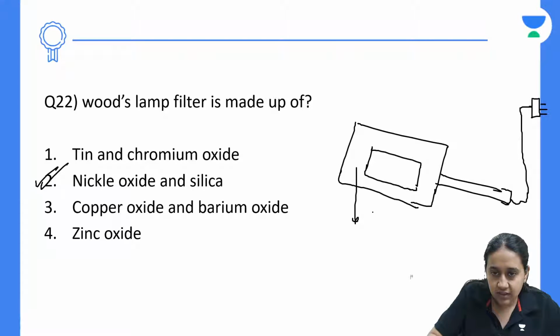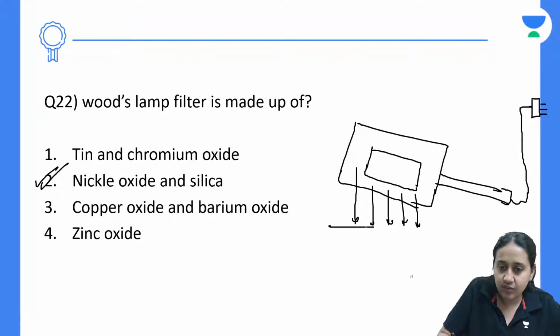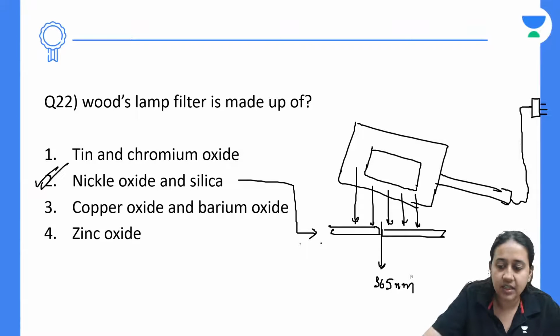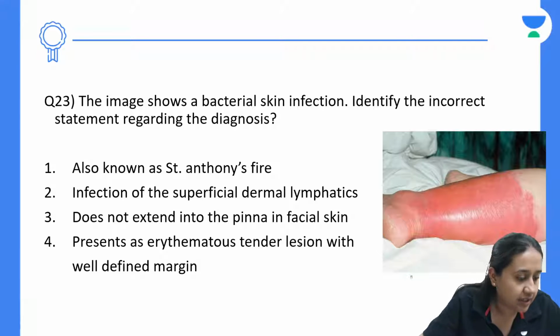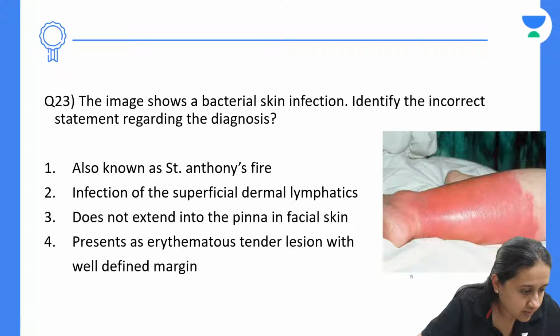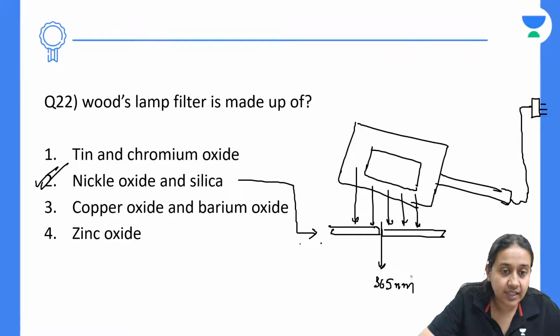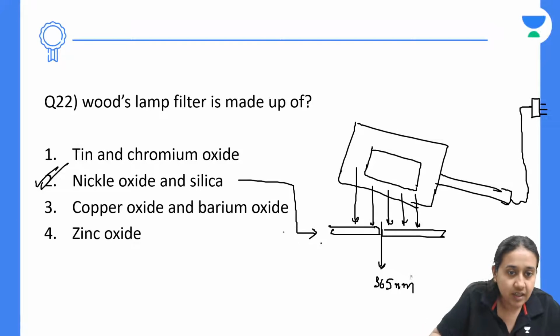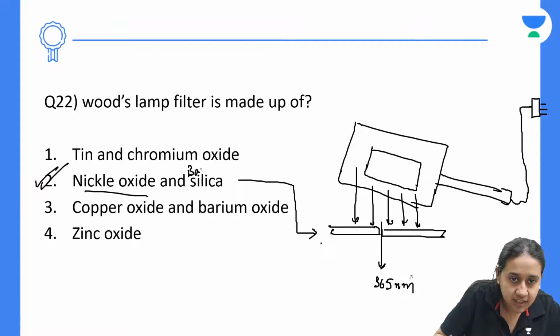The undersurface has a bulb which emits the UV radiation. This UV radiation passes through a filter in such a way that only 365 nanometers pass through it, and this filter is made up of nickel oxide and barium silicate. So option number 2 is the correct answer.